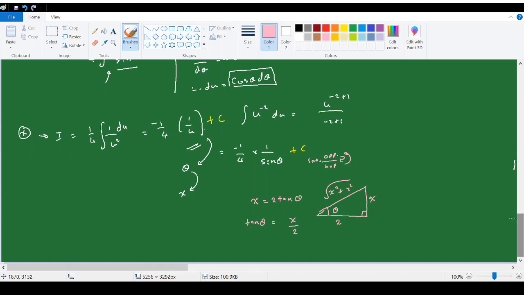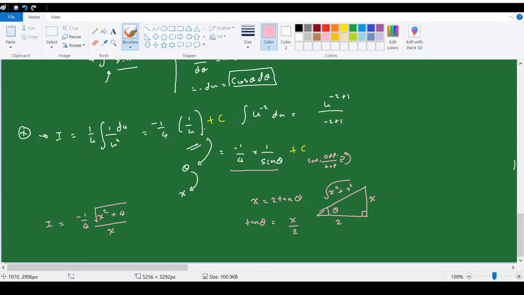So that means we can rewrite this expression in terms of x as negative 1 over 4 stays the same, and for this one we can write hypotenuse divided by the opposite side, which is equal to the square root of x squared plus 4, which is the hypotenuse, divided by x, which gives you the opposite side.